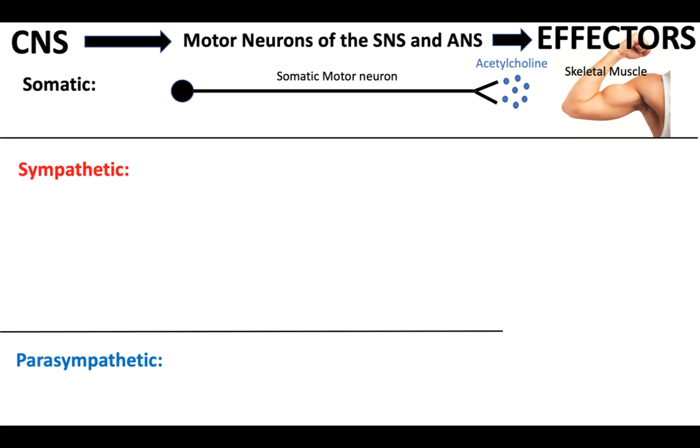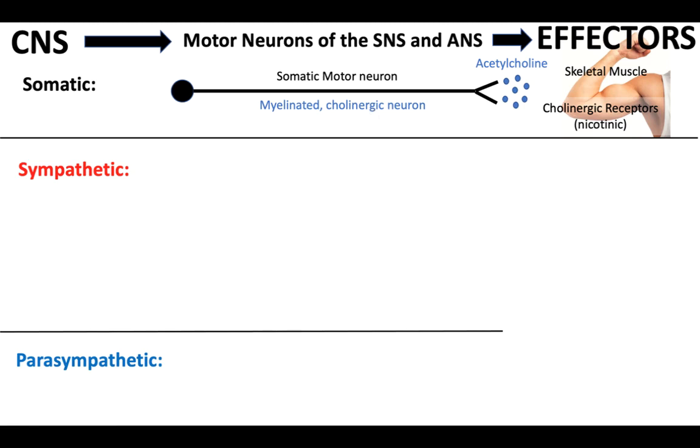Now, one thing that might be new is the fact that these neurons are myelinated. All right, they happen to be myelinated neurons. And because they release acetylcholine, we can call them cholinergic neurons. So all we're doing is naming the neuron based on the neurotransmitter that it releases. All right, so these are cholinergic neurons.